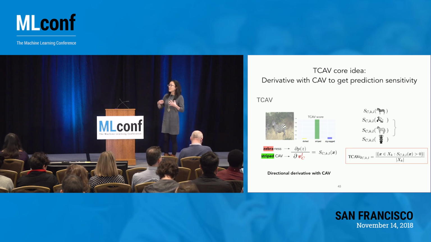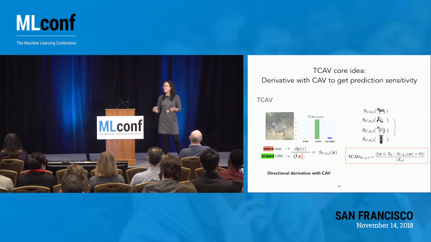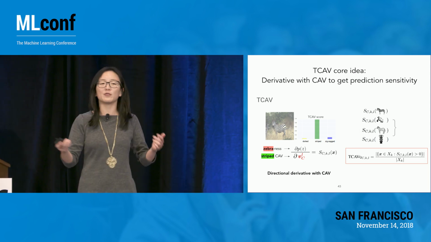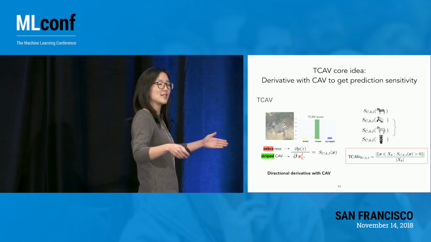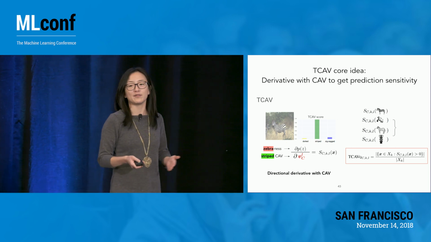And we do that for many, many zebra pictures to get a more robust and reliable explanation. And the final score, the TCaV score, is simply the ratio of zebra pictures where having stripedness positively increased the probability of zebra. In other words, if you have 100 pictures of zebras, how many of them returned a positive directional derivative?